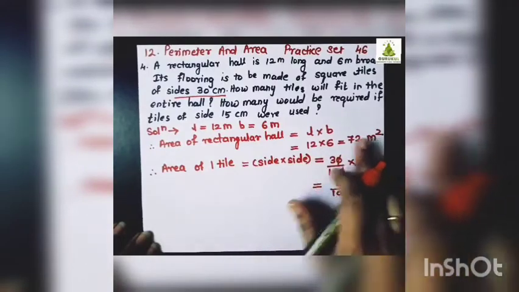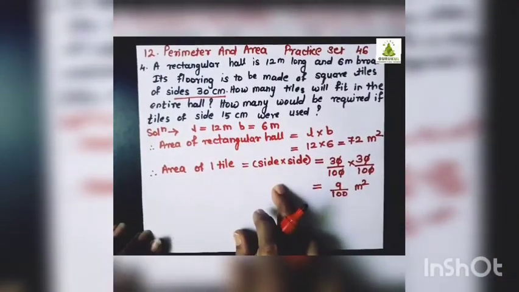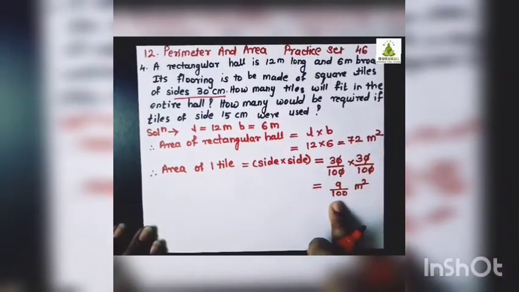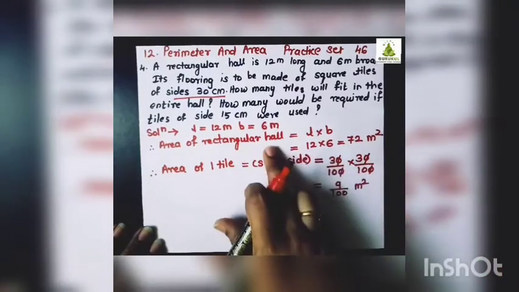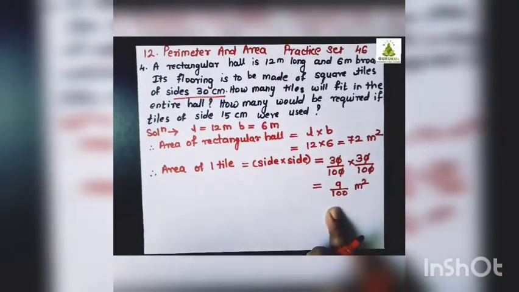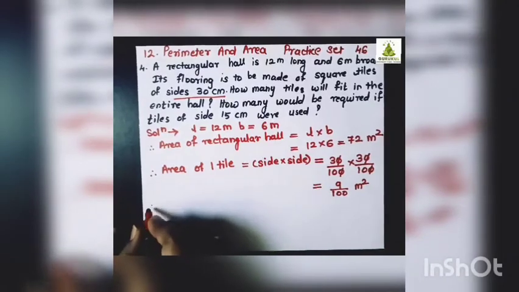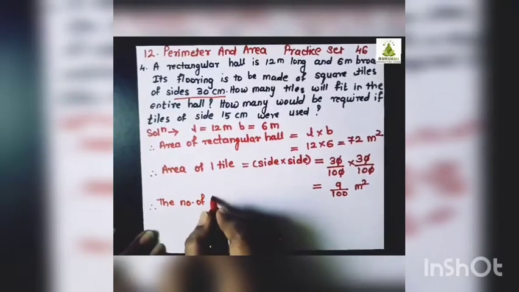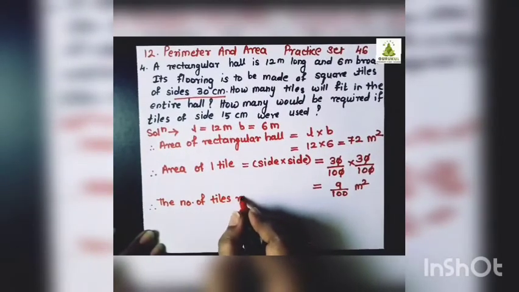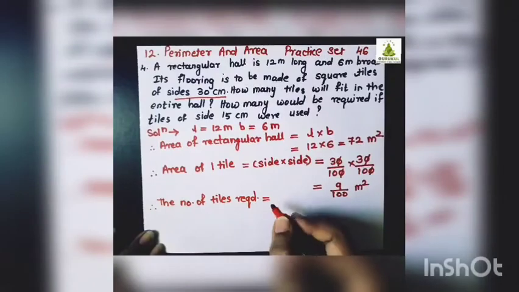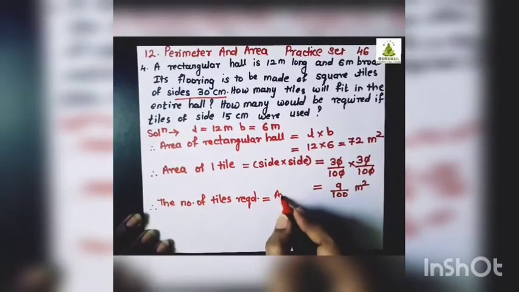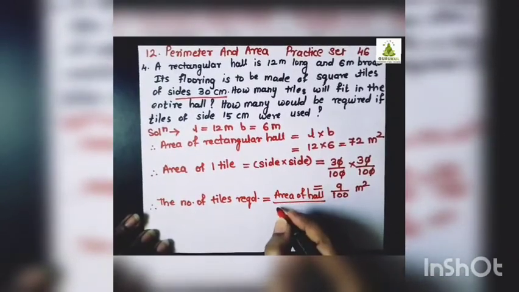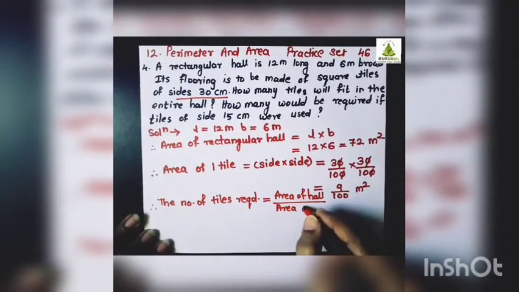Now we have area of hall, area of one tile. So how many tiles will be required? So what we will do? Area divided by area of tile. Okay, area of hall divided by area of a tile. So we'll write down here: therefore, the number of tiles required is equal to area of the hall divided by area of one tile.